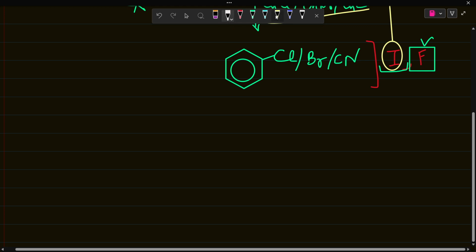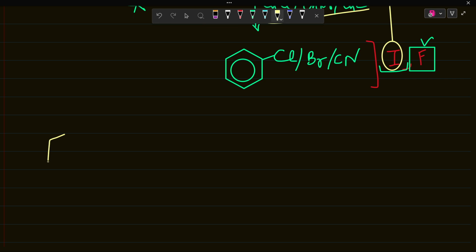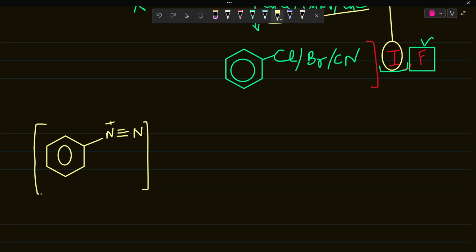And now let's see the reaction mechanism for this reaction. So first, we take this diazonium salt of benzene or any aryl diazonium salt. We write positive charge over here, and here Cl negative is present.